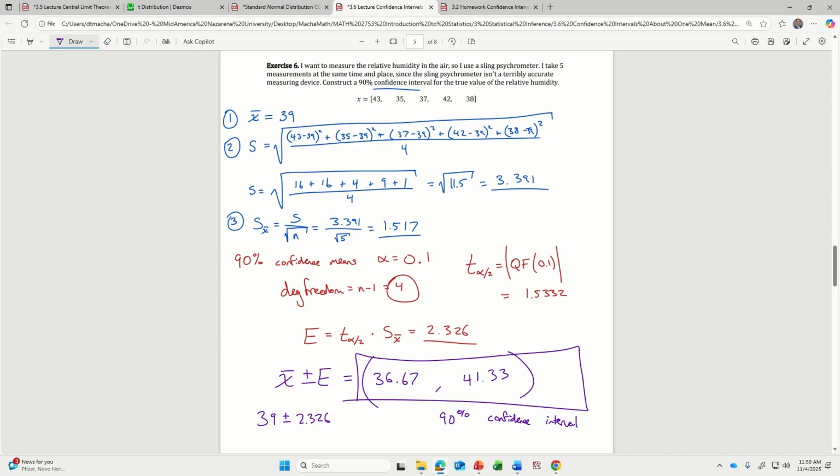And if you want to be really particular about it, what you say is, by following this exact calculation procedure, I know that 90% of the random samples I take from this probability distribution are going to generate a confidence interval that will include the true value, or the mean of the distribution. But that's the idea. All right, so we'll pick up here next time we meet.